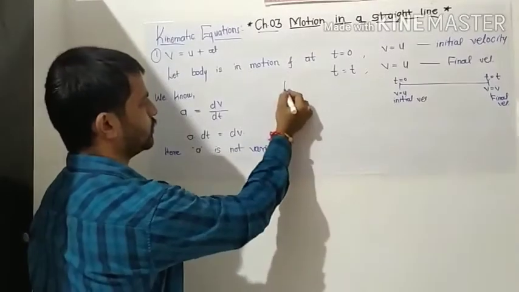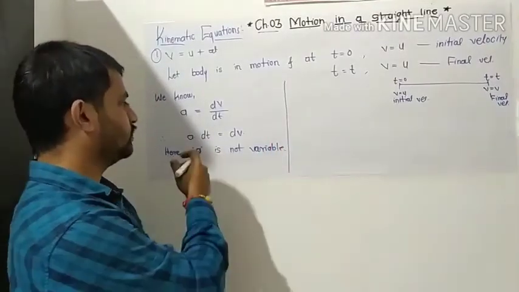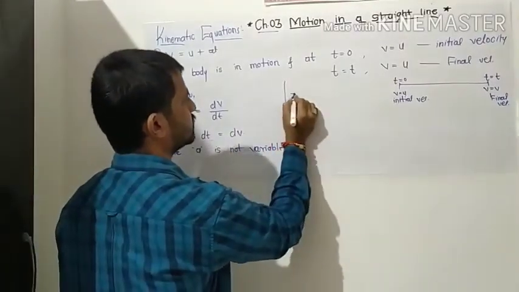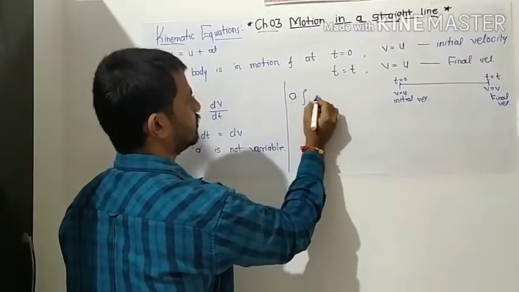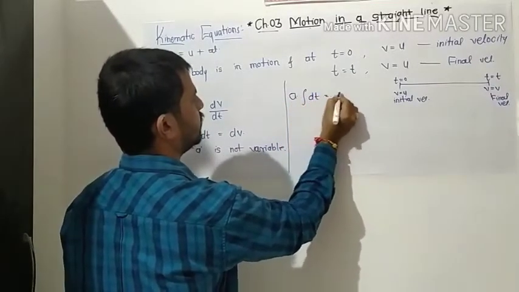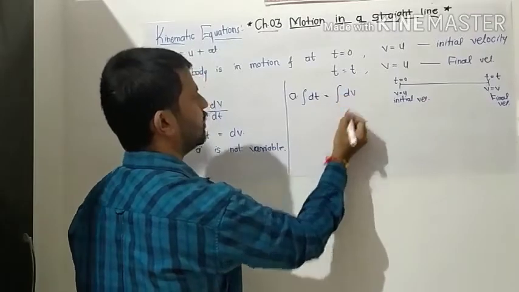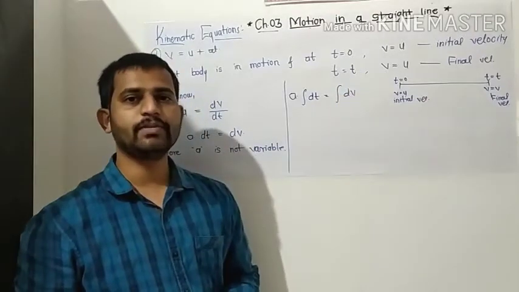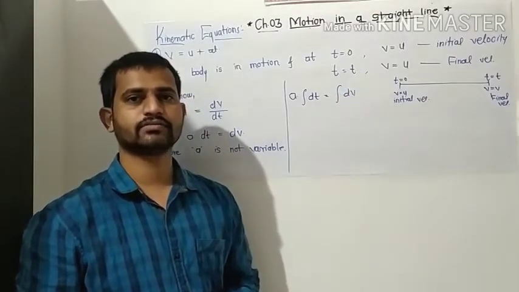Now we have to put the limits to this equation so that it becomes a integration dt is equal to integration dv. Now what will be the limits for this equation?